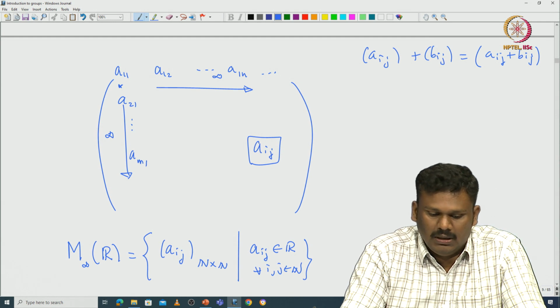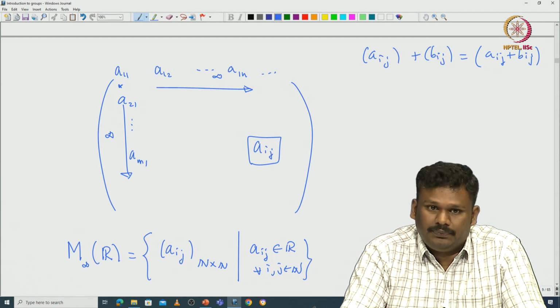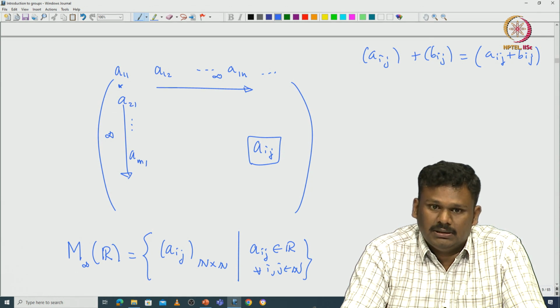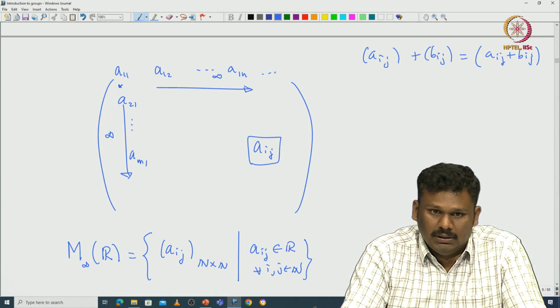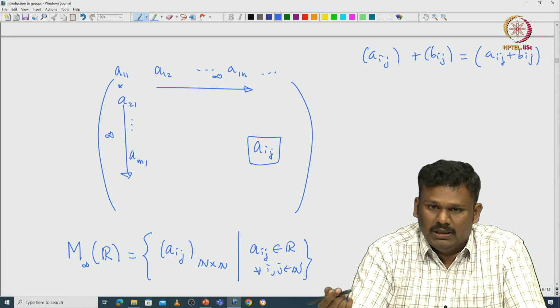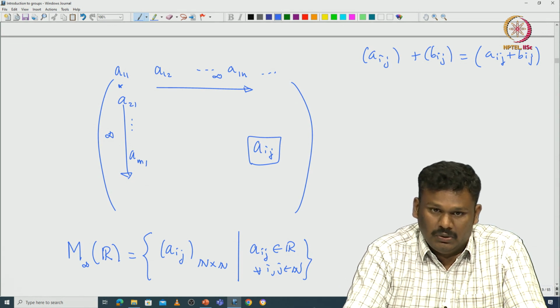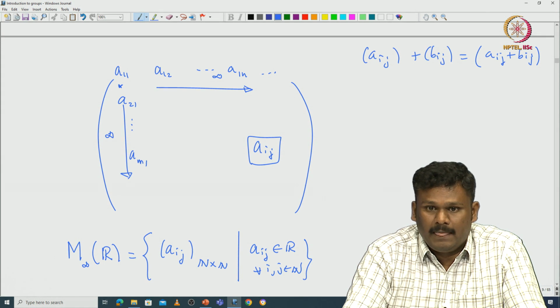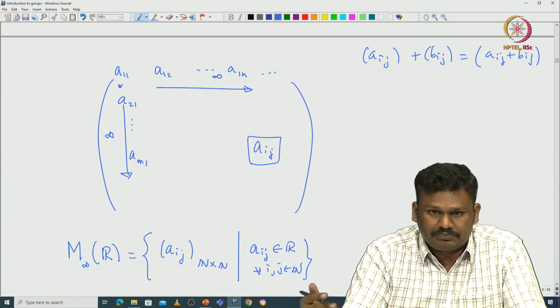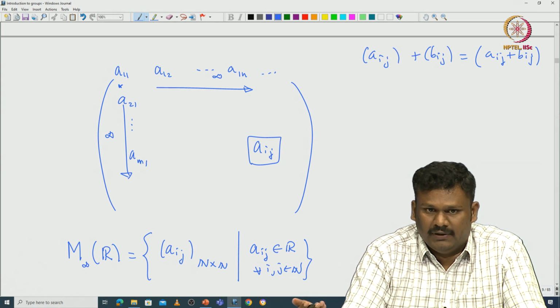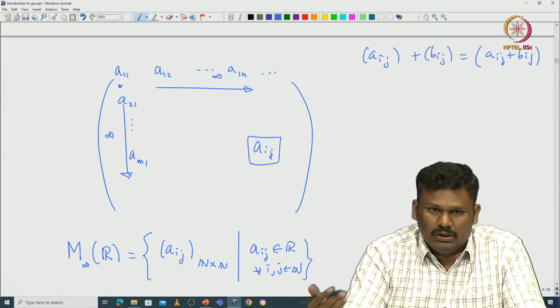So note that it is not that easy to actually define multiplication in these infinite matrices. Okay. Because we are possibly allowing all the entries to be non-zero. For example, you can take all the entries to be 1, then if you want to apply the rule that we actually had for the finite matrix, then we get into trouble.